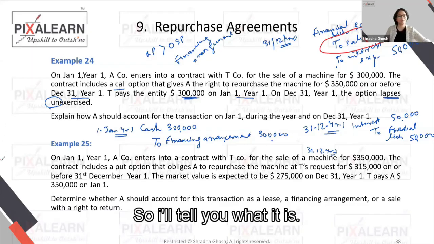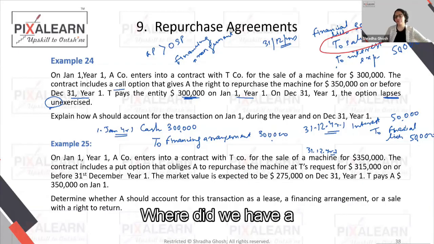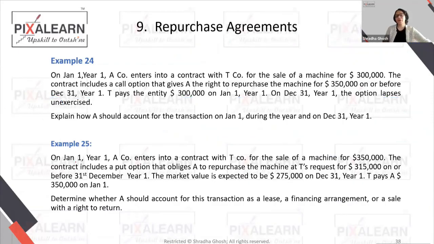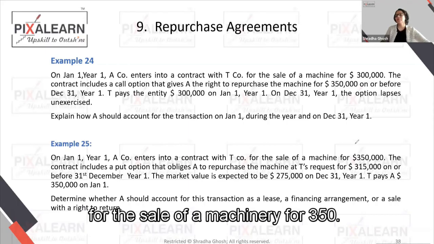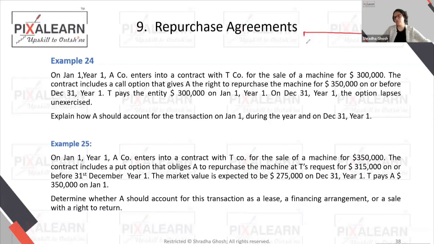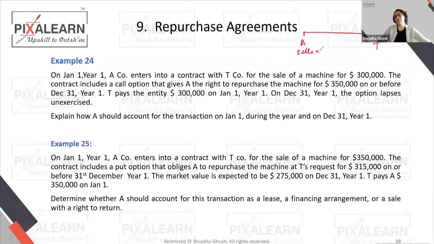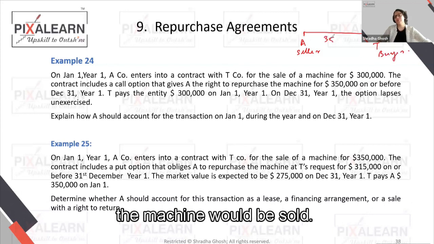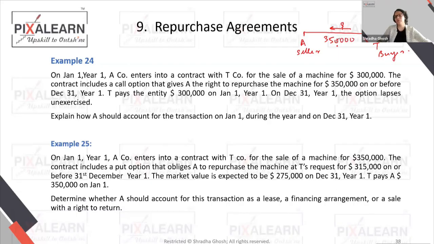So I'll tell you what it is. Let's go to the next question where we have a put option. On Jan 1, year 1, A enters into a contract with T for the sale of a machinery for 350. So now we have A, we have T. A is the seller, T is the buyer. The machine would be sold, so there is a dollar inflow of $350,000.